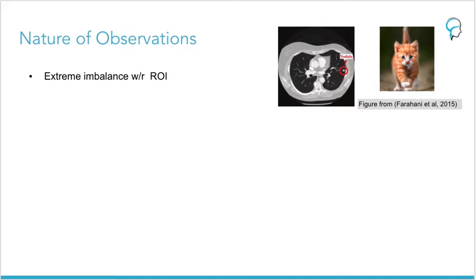However, in medical imaging, this is not the case. In medical image data sets, this is not the case. In the figure to the left, the nodule consists of less than 1% of the entire image. So this is what I mean by extreme imbalance with respect to our region of interest or ROI.